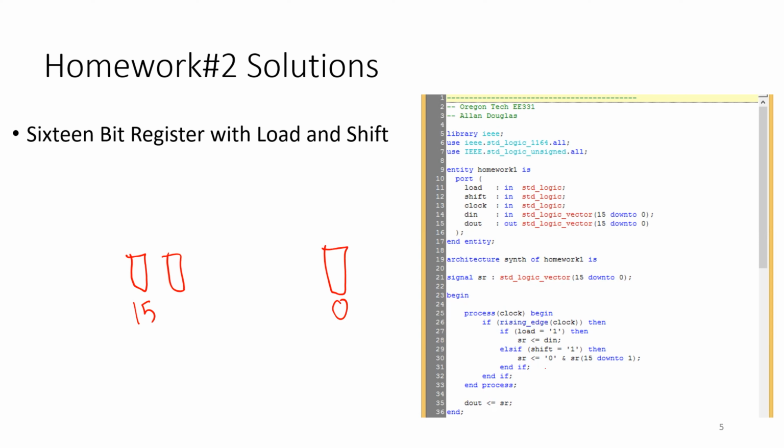So I have here my outer 0, and it will go in here. Then what will happen to whatever is in 15? It will go to 14. And so on.